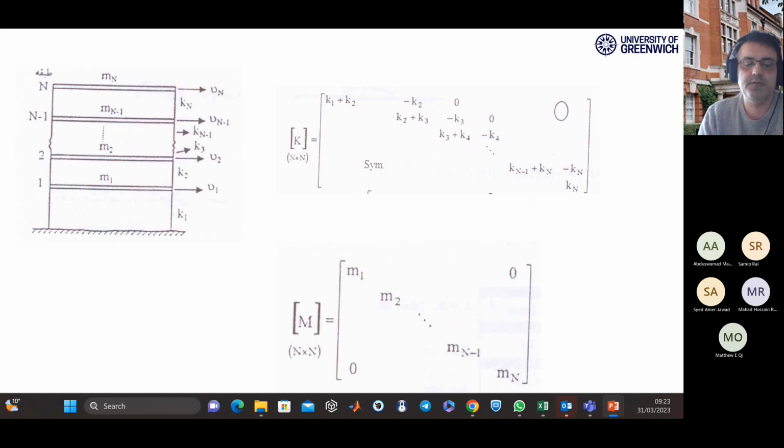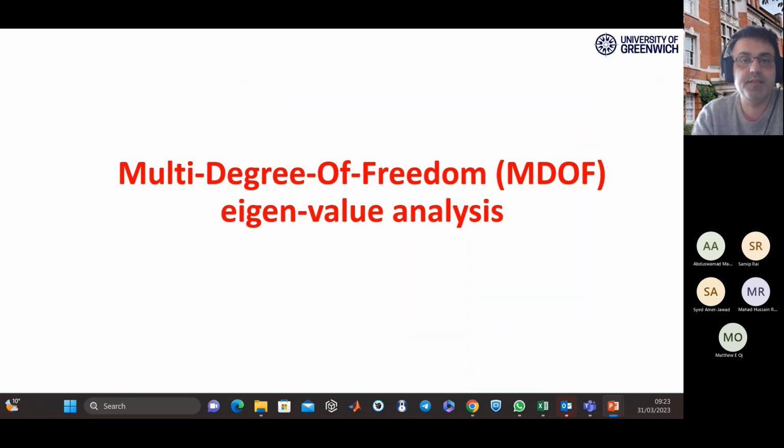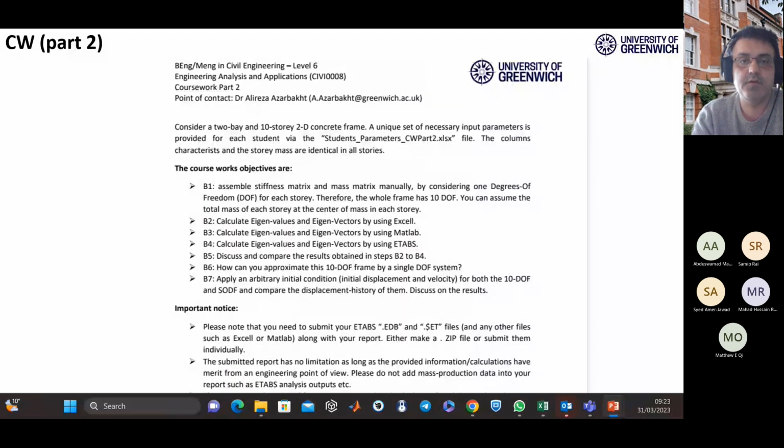Exactly what you have done for the 2-story building, which is available during those videos, you can repeat that this time for your case, by considering 1 degree of freedom for each story, therefore the whole frame has 10 degrees of freedom. You can assume the total mass of each story at the center of mass in each story. All of these assumptions are exactly identical to what we have assumed for the 2-story example during those videos.